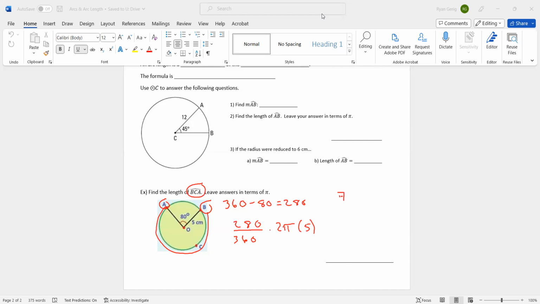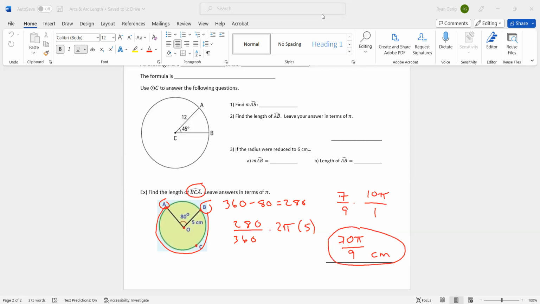So 7 divided by 9 times 10 pi. That's kind of disgusting, but that's okay. 10 pi over 1, so it's 70 pi over 9. Can I reduce 70 and 9 at all? I cannot. So that's the final answer, 70 pi over 9 centimeters.